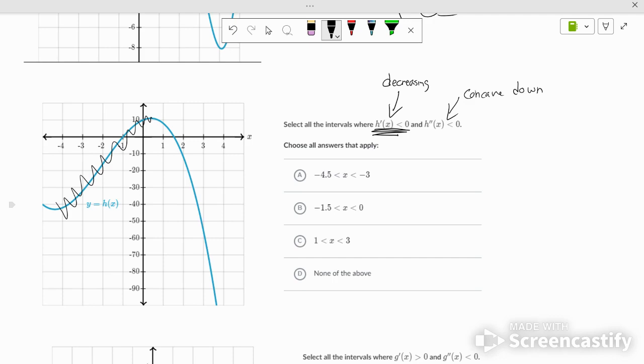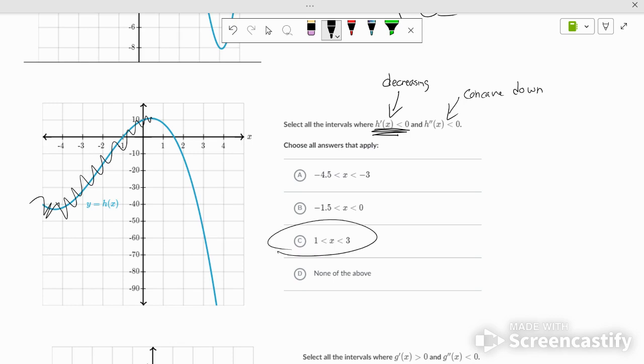Well, this one holds water right here, right? So the rest of this doesn't matter. It's got to pour out water, concave down, and be decreasing. Well, here it's decreasing. Here it's concave down. So basically from a half, select the intervals where it's both.